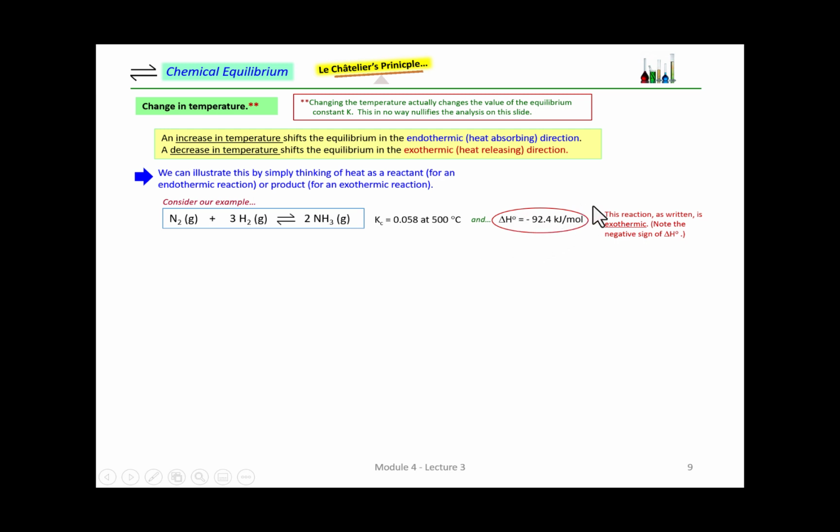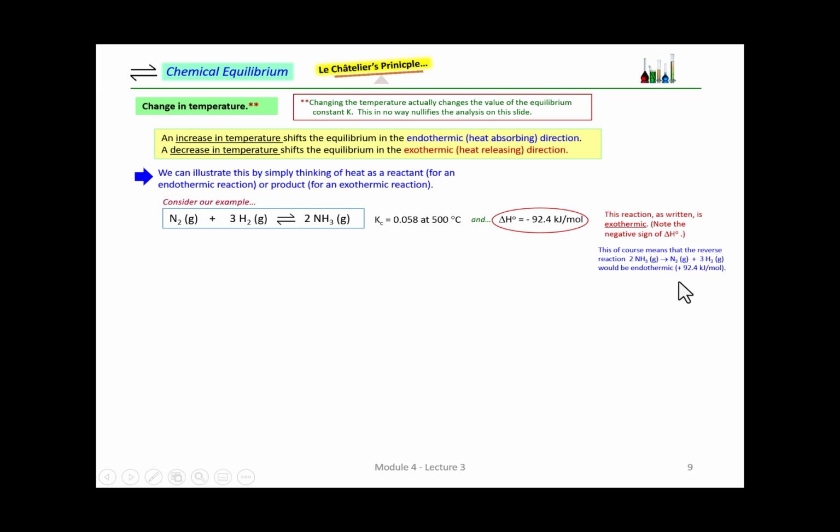Delta H is negative. So this, of course, means that if you run the reaction in reverse, so the reaction goes backwards, and I've written here ammonia going back toward reactants, if you wrote the equilibrium that way, then going from left to right would be endothermic, or heat absorbing.